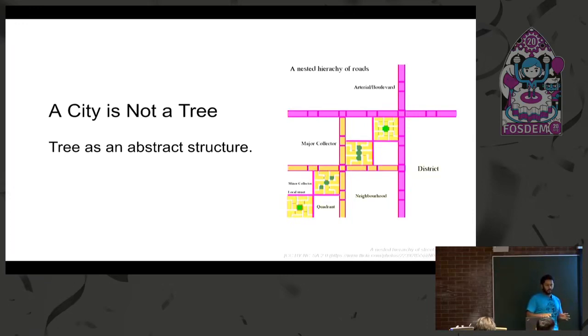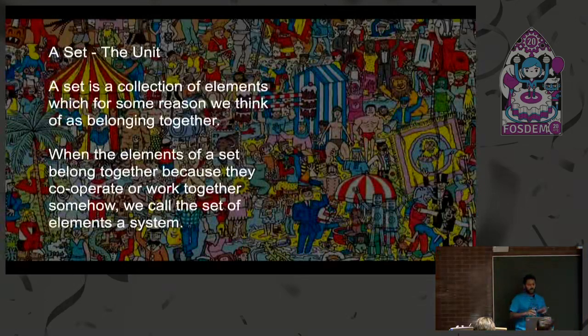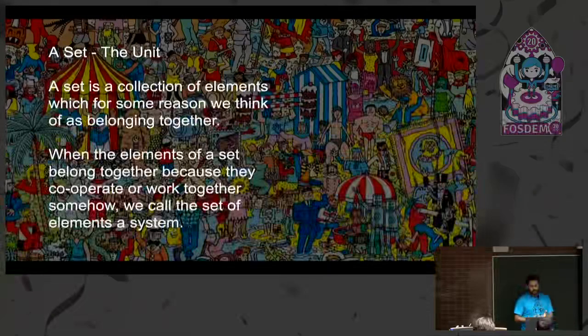This is trying to describe that issue in a slightly different way, where the point he's making is a city is comprised of different units, and each unit, which he's calling a set, is a collection of elements which interact together, relate together in some way, and they make a whole unit. It'll make more sense when the example comes up.